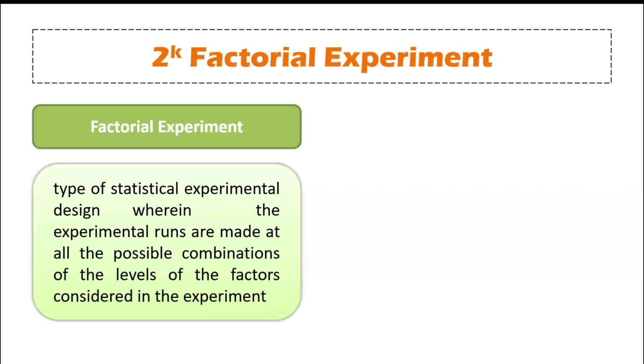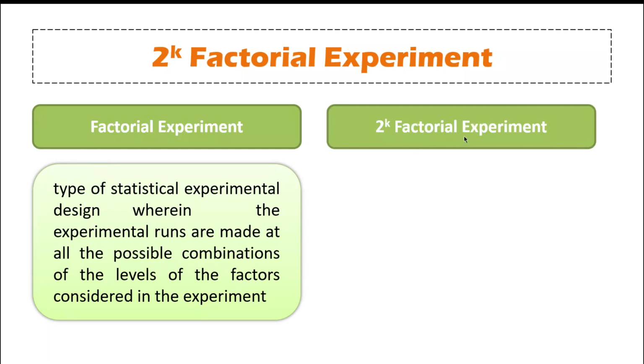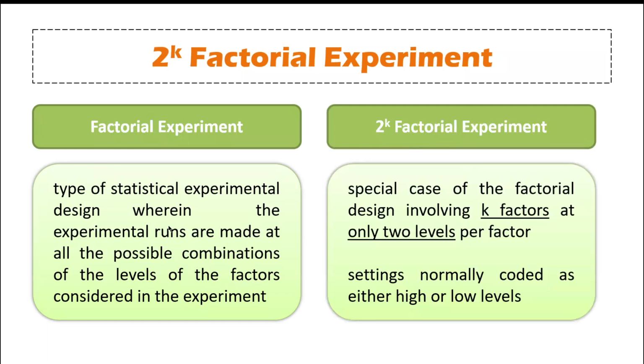Okay? So again, factorial experiment is a type of statistical experiment design wherein the experimental runs are made at all possible combinations of the levels of the factors considered. So if we have a 2 to the k factorial experiment, then that's just saying that we have only two levels per factor setting, no?